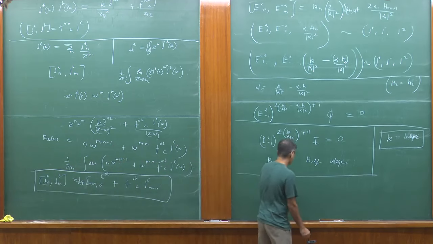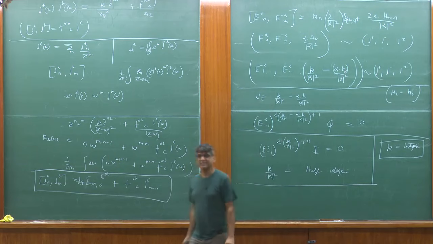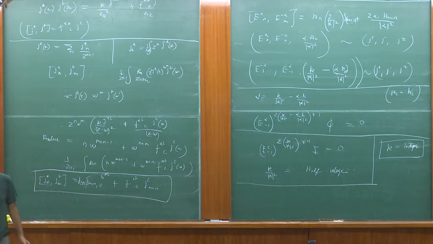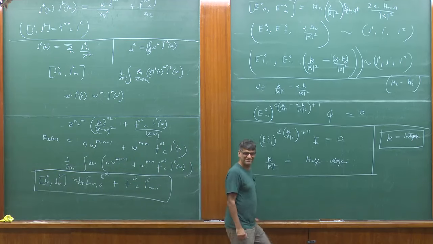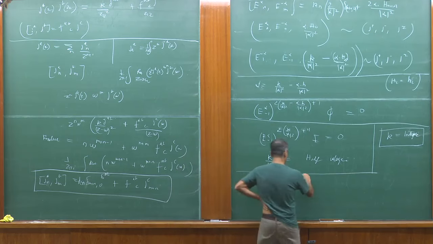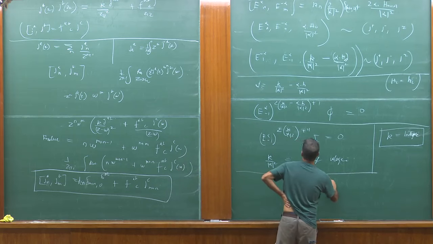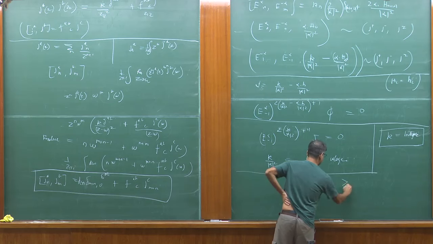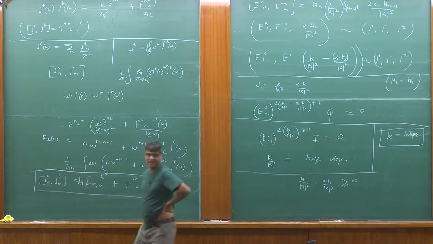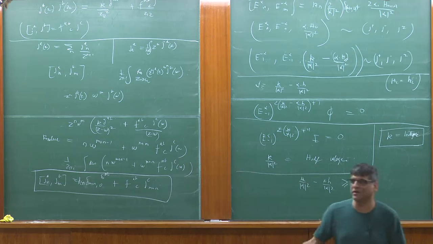This was the highest weight of some SU2 representation, and therefore it had to be that k by mod alpha squared minus alpha dot h by mod alpha squared was greater than or equal to 0, because for every representation of SU2, the highest weight state has non-negative Jz.